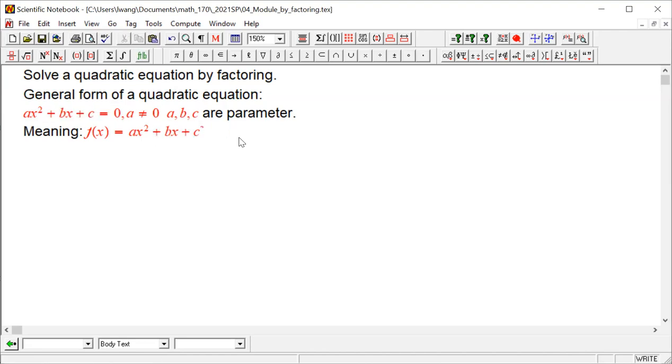It's a function, and the input is x, and this is the rule of the function.